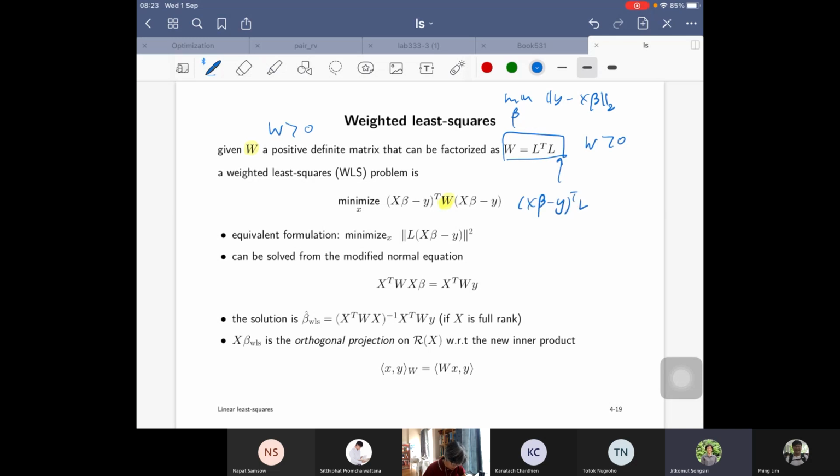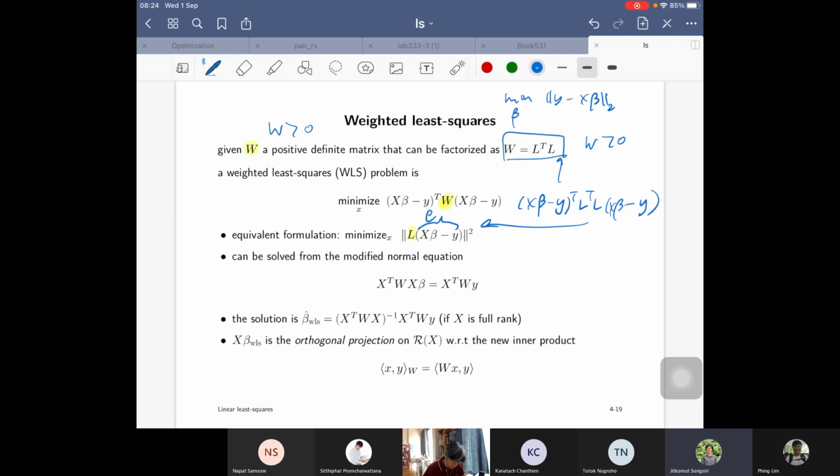From that factor, you can write weighted least square in this form, and it is also equivalent to minimizing the norm squared of L times x beta minus y. So the only thing that extends from the linear least square is that you put some weighting matrix on the residual. The residual is the error between x beta and y.